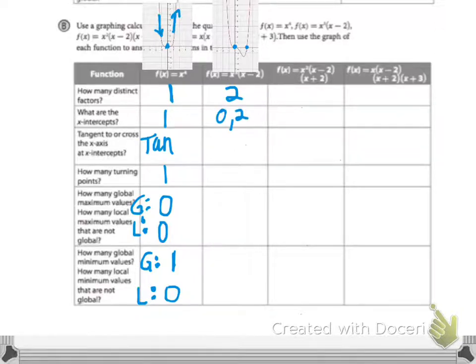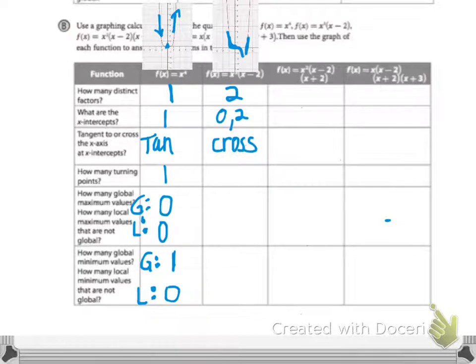Now, it asks if the zeros are tangent to, or they cross the x-axis. Well, they cross in both cases. So they actually cross on through. This one, it kind of bends through a little bit, but this one just cuts straight through. And again, when we talk about multiplicity of roots, that one that bends through is going to count for more solutions.